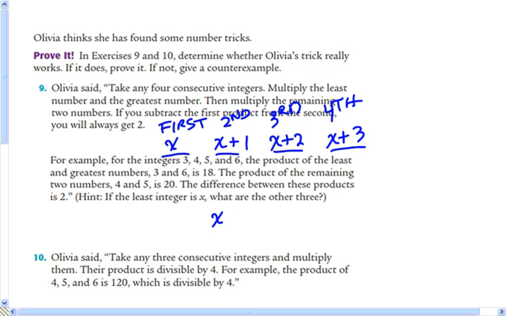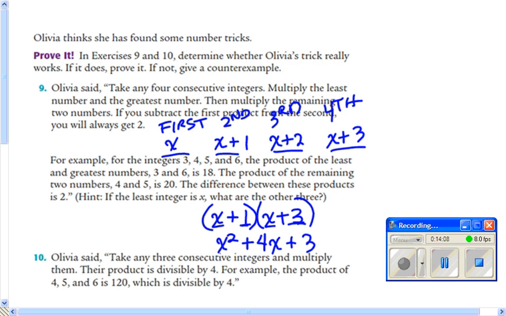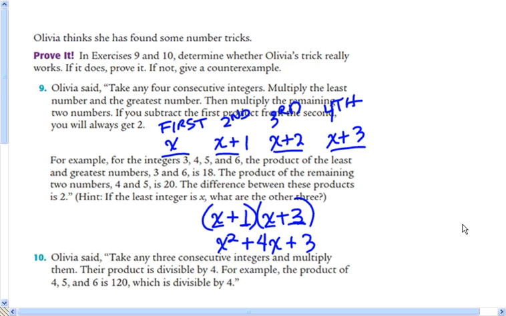So if I do x plus 1 times quantity x plus 3, I get x squared plus 1x plus 3x, that makes 4x, and then 1 times 3 is 3. Sorry about that, I multiplied the wrong one.